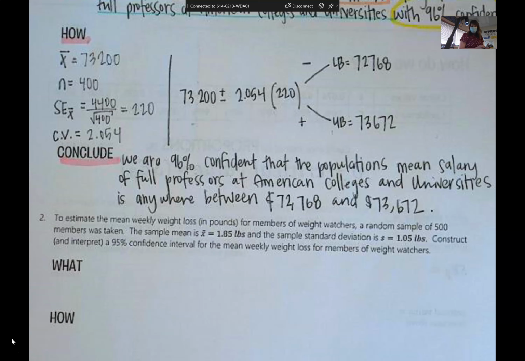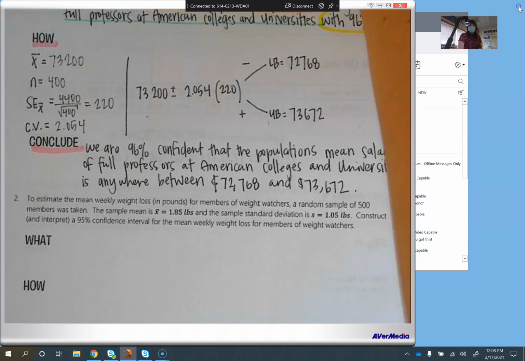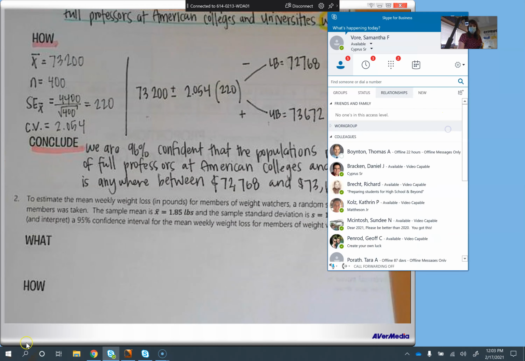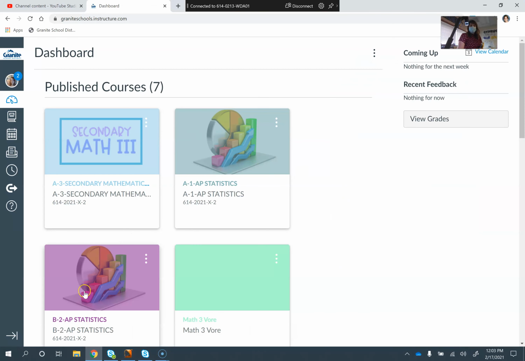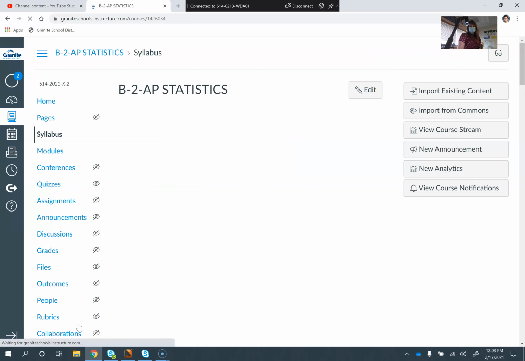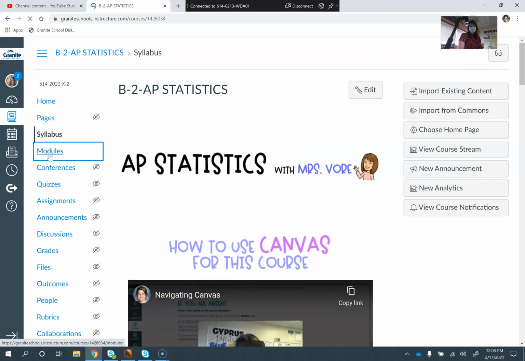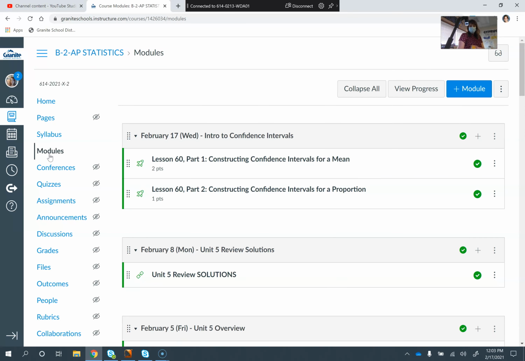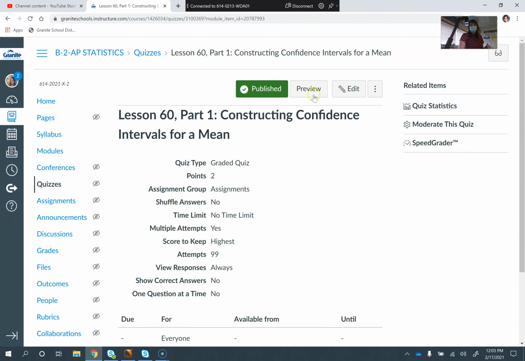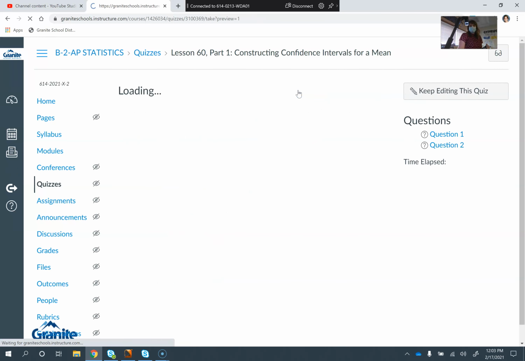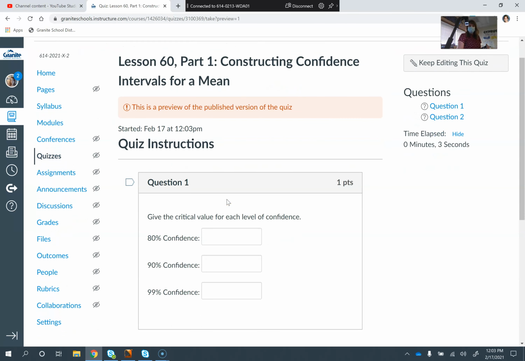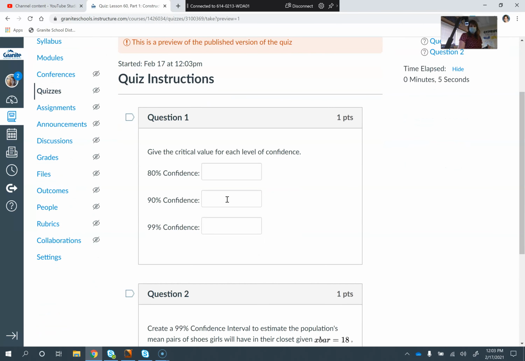So at this point, before we move on to proportions, I want you to go to our module in Canvas and do the first quiz. It's just 2 quick questions. You don't have to do any interpreting. It's just finding the critical values and then finding 1 confidence interval. So do the part 1 quiz questions.